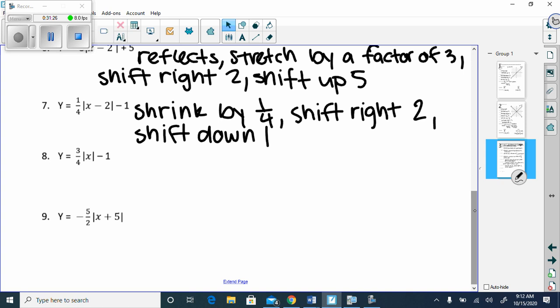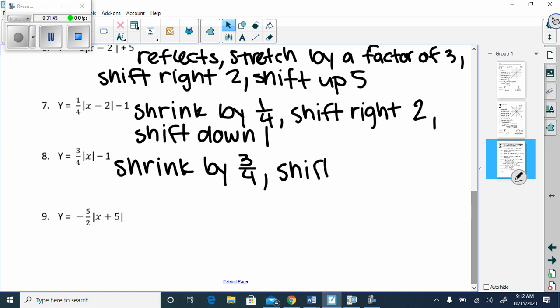And then 3/4, again, that's smaller than 1. So another shrink. So there's nothing to move it left or right. This is nothing inside. But the -1 will tell us to shift down 1.